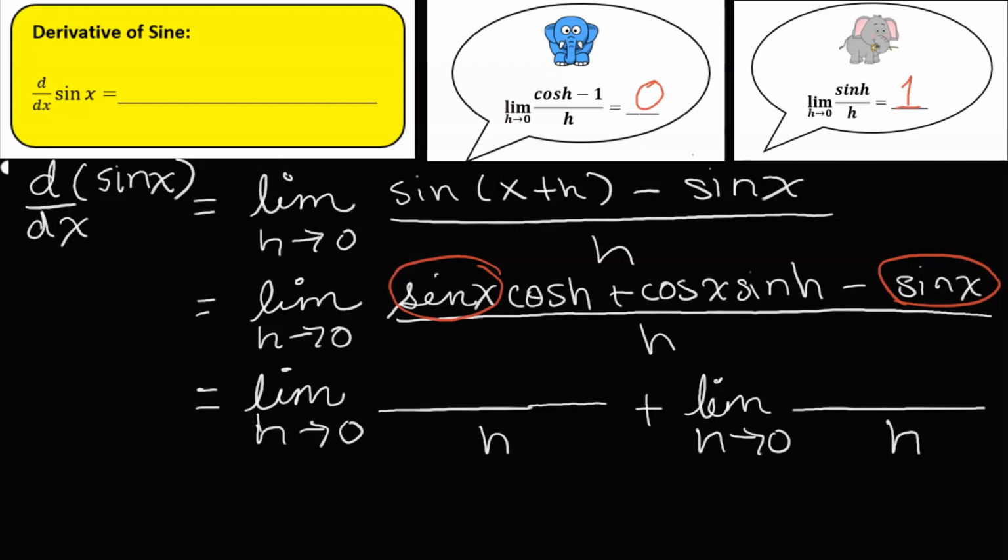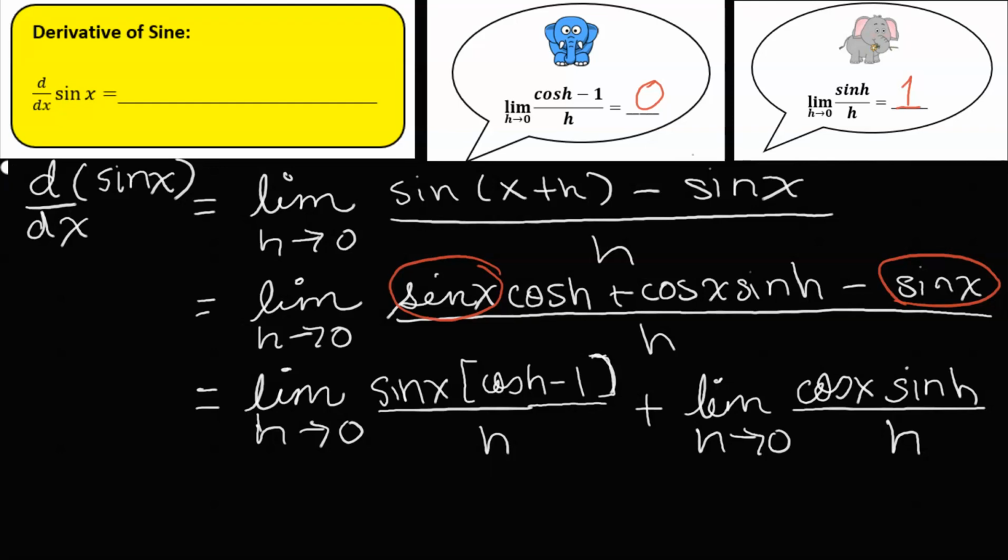The first term I'm going to combine with the last, the third term there, and factor out sine x. So I'll have sine x, and then cosine h minus 1 all over h. And then the other one, I would write cosine x sine h over h.